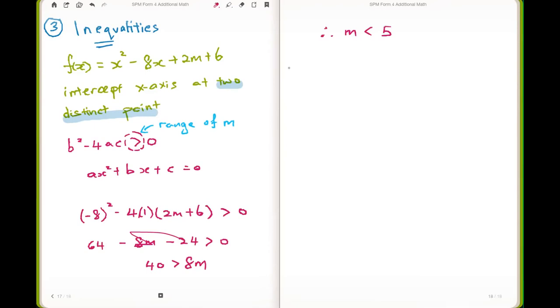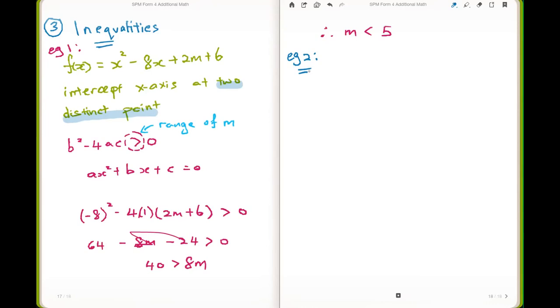For example 2, maybe this is example 1. I'll try my best to include examples in my tutoring so that I'll be able to finish within 40 minutes.